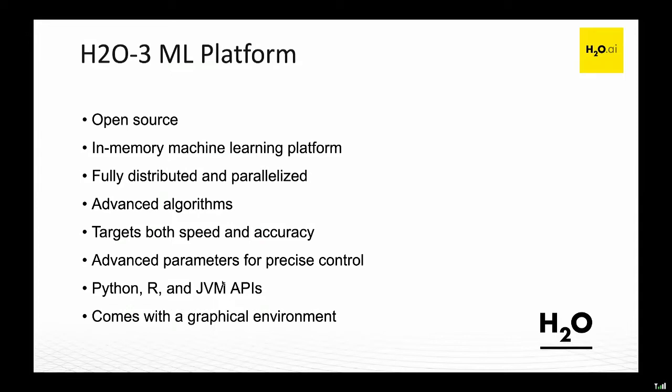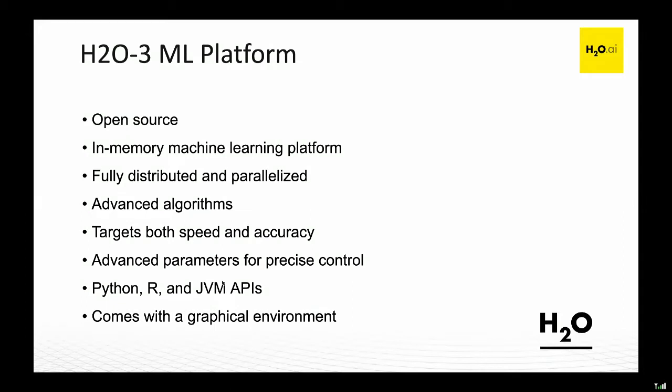And even when you embed, say, scikit-learn into an environment where you can parallelize your work, the library wasn't built to be fully distributed or parallelized, and so it doesn't take full advantage of that environment. Whereas the H2O platform was built from the ground up for exactly this reason.